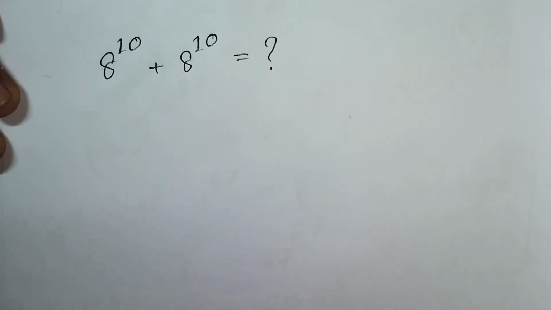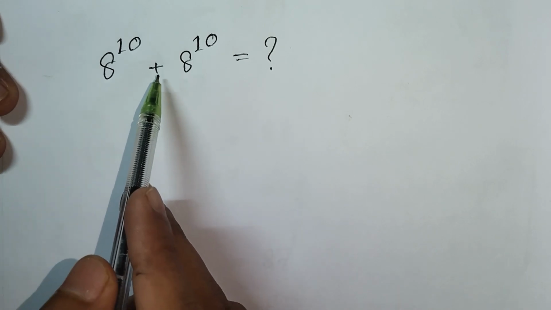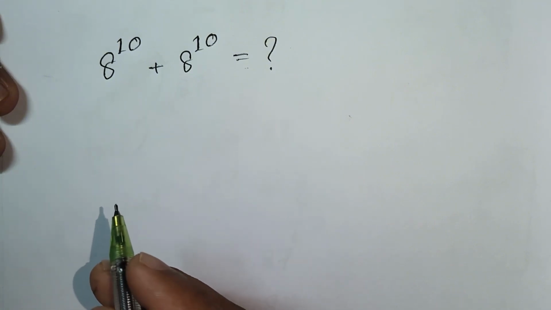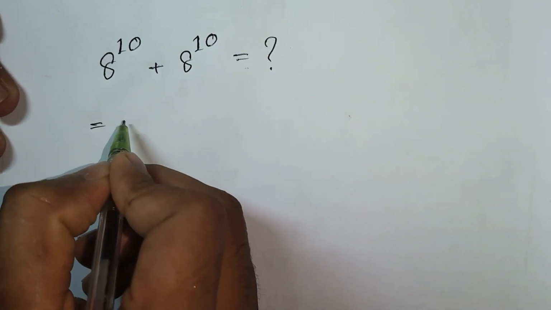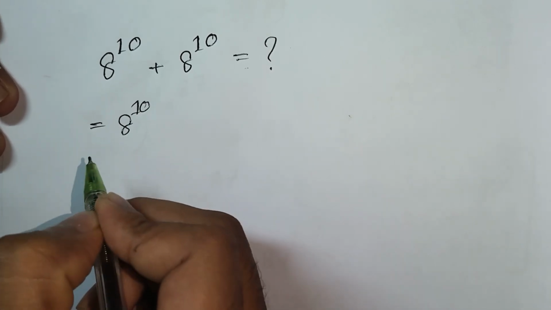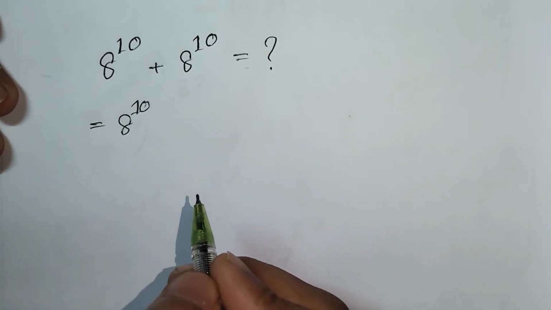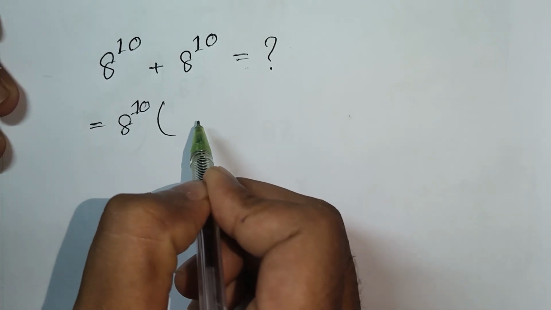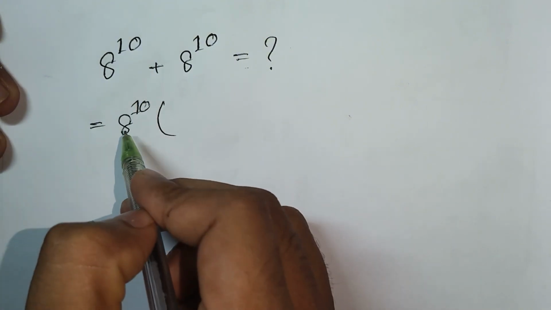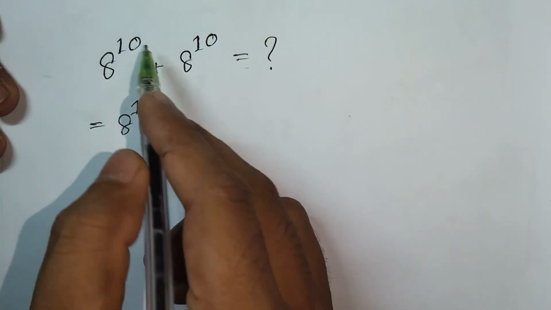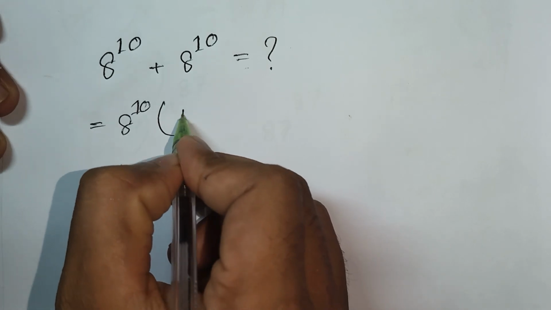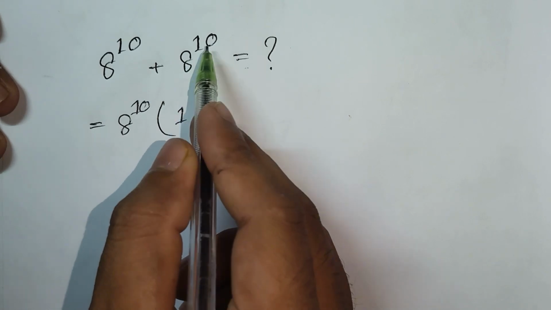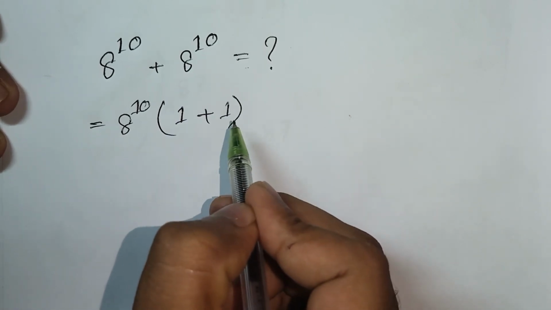How to simplify 8 power 10 plus 8 power 10 is equal to what? At first, we take 8 power 10 common, so 8 power 10 is out of the bracket. 8 power 10 divided by 8 power 10 is 1, plus 8 power 10 divided by 8 power 10, that is 1.